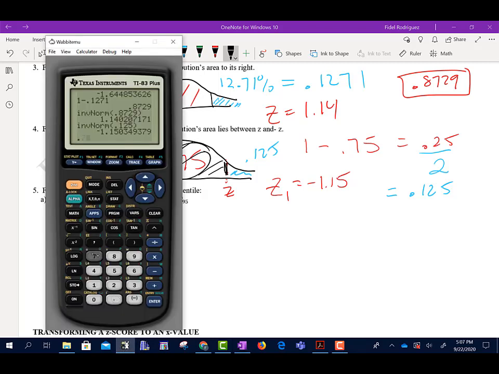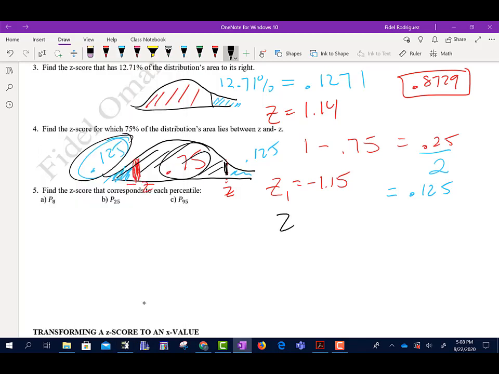So I could say, what's 0.75 plus 0.125, okay, 0.875, and then I can go second vars, inverse norm of 0.875, and if you look, coming up with positive 1.15. So the other value would be positive 1.15, right? And we found our two values. Okay.